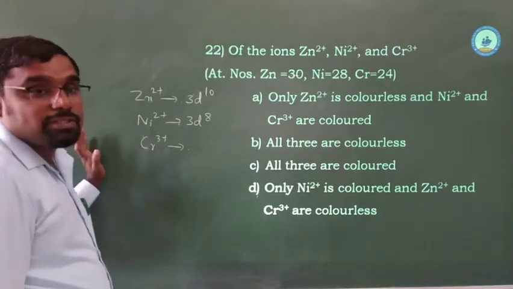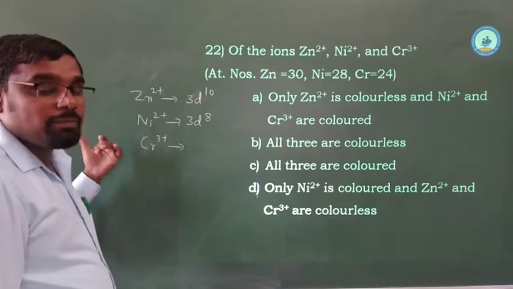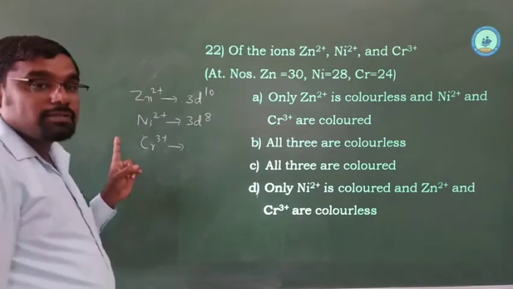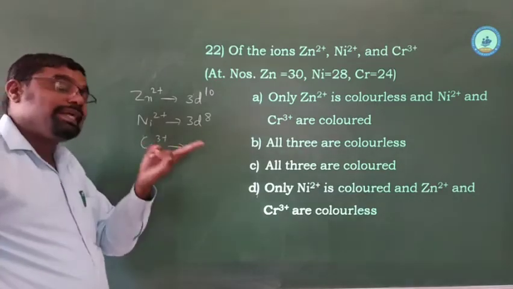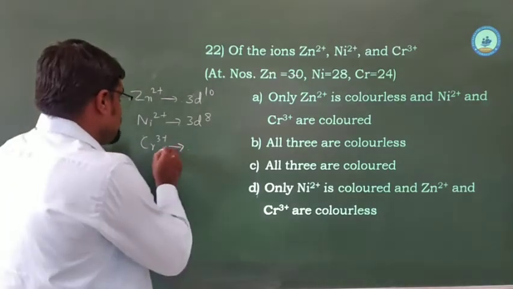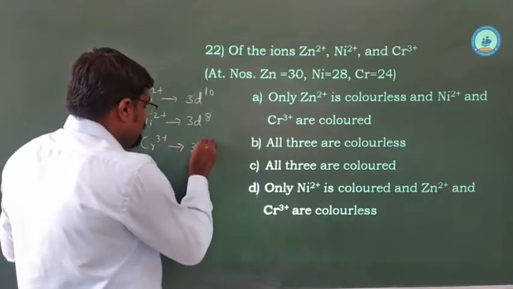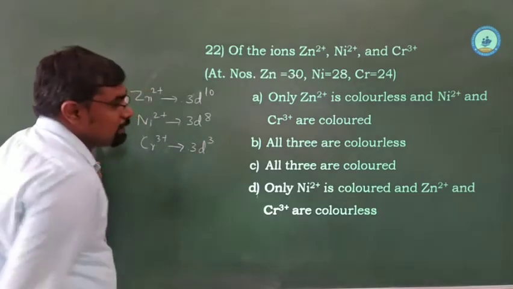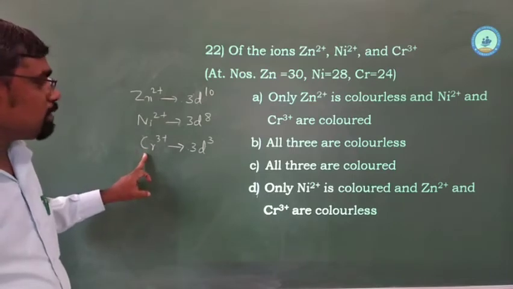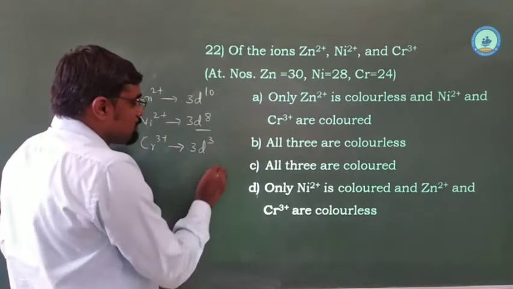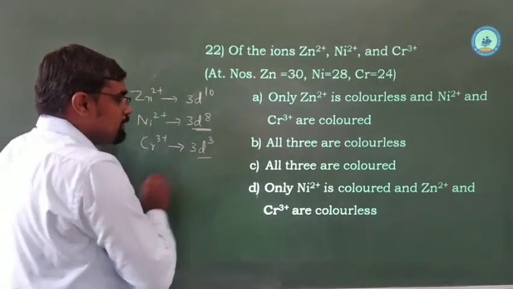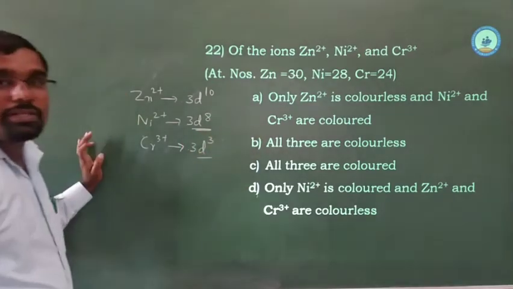Chromium atomic number is 24, 1 electron from s and another 2 from d, so 3 electrons removed, that is 2 electrons from the d orbital. So then the remaining electrons in d is 3. So zinc, nickel and chromium: see that one. Here unpaired electrons are there, here unpaired electrons are there. For d8, if you write the orbital diagram, you can easily write.